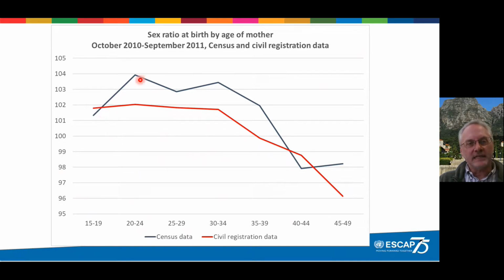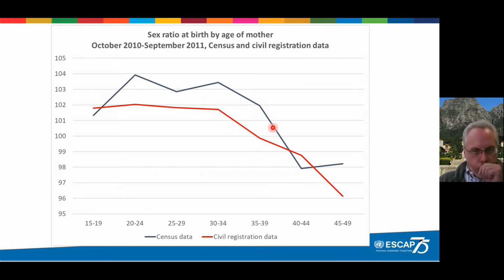When we look at the census data, however, in general, the opposite effect seems to be happening, in that at certainly ages up to age 40, it would appear that more male births are being reported as having occurred in the last year than female births, and at a level much higher than that indicated by the civil registration data, which would seem to suggest that there's some sex-specific bias in the reporting of the sex of the last born child in the South African census data.